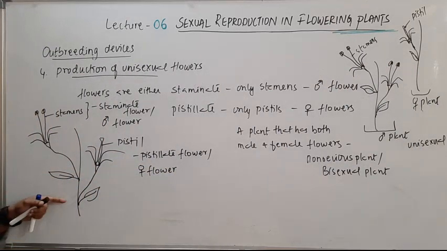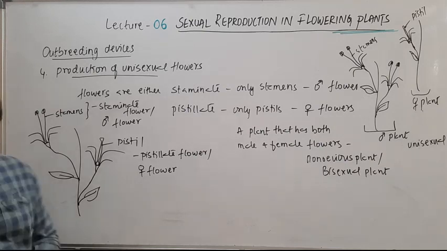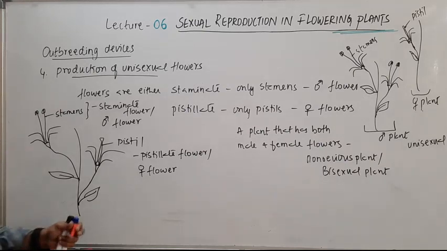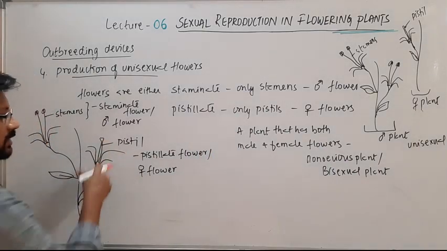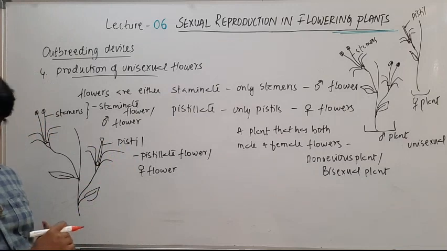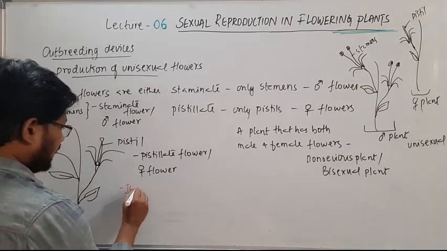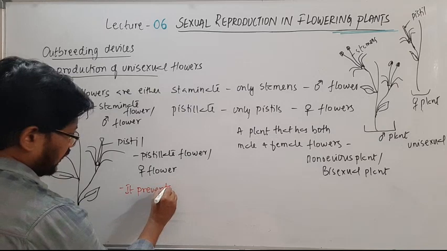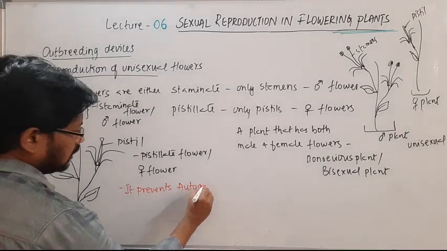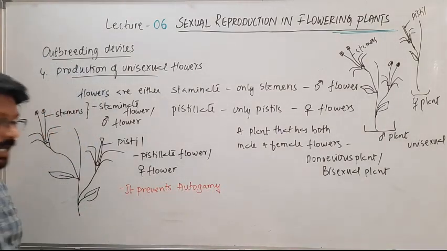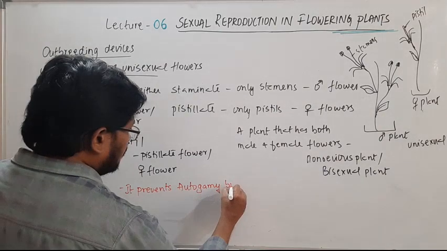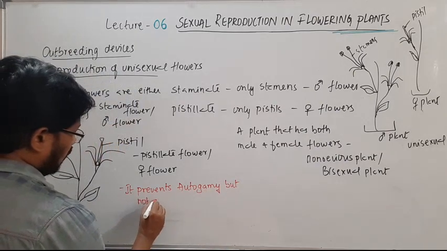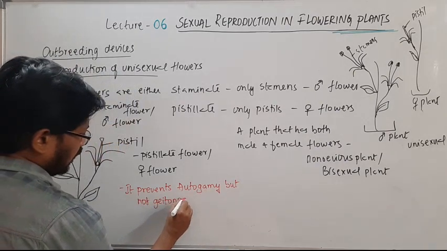Right, now coming to the plant that has unisexual flowers. In this monoecious plant, there is the presence of pistillate and staminate flowers on the same plant. So in this case it prevents autogamy, but it will not prevent geitonogamy.